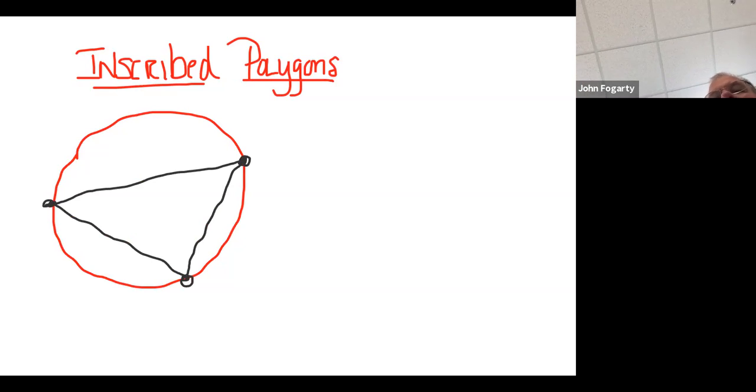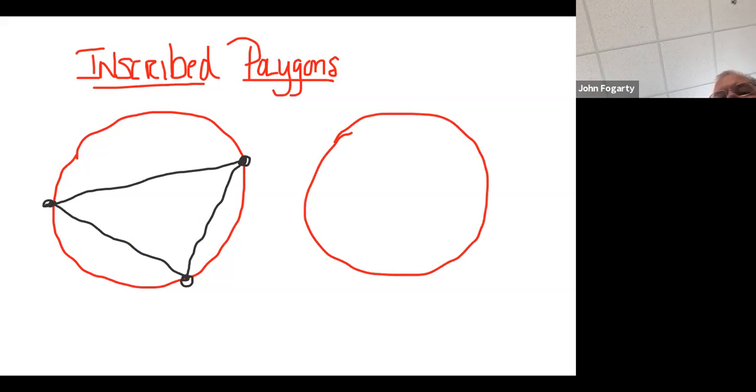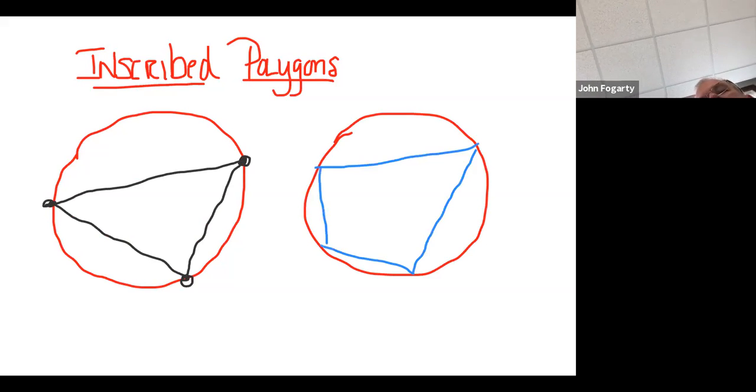So that would be an inscribed triangle. This would be an inscribed quadrilateral. So make sure we understand what the word inscribed polygon means. It simply means that the vertices of the polygon are points on the circle.